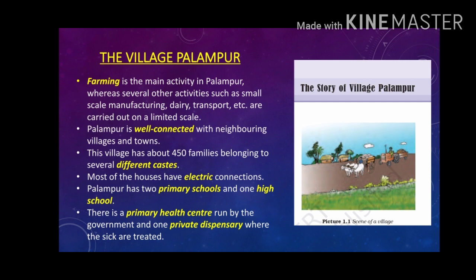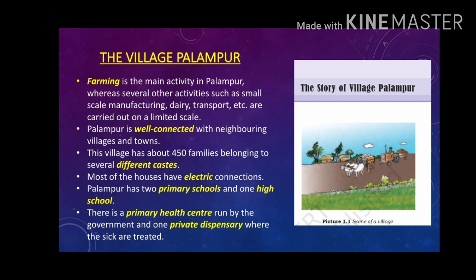Moving to the next, it has 450 families of different castes. Now why are we talking about caste? Because in rural India, it's quite an important factor, and that is why it matters. Most of the houses have electric connections, which is a good thing, and they can also use that electric connection for their fields, for giving water.